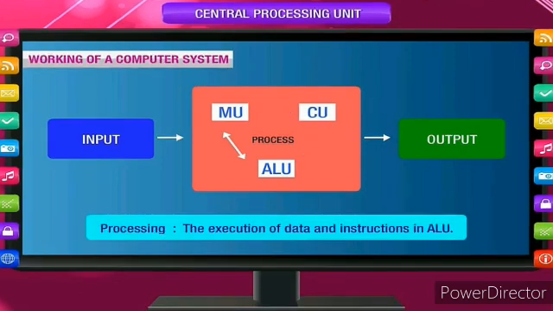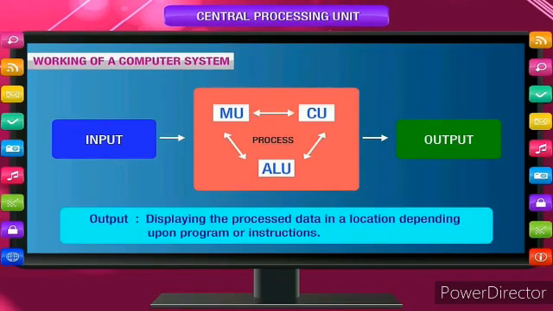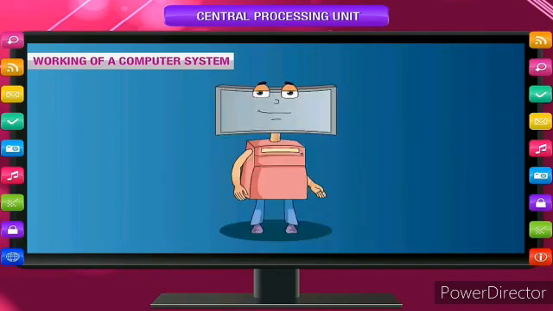Second is processing: the execution of data and instructions in the ALU. And the third one is output: displaying the processed data in a location depending upon the program or instructions. All the activities are performed by the CPU.